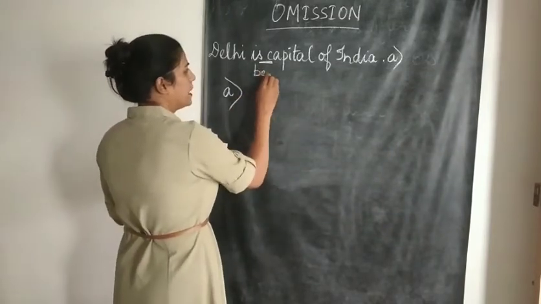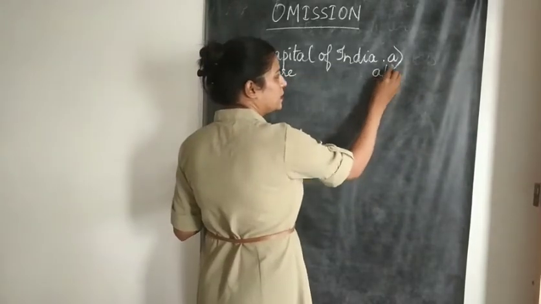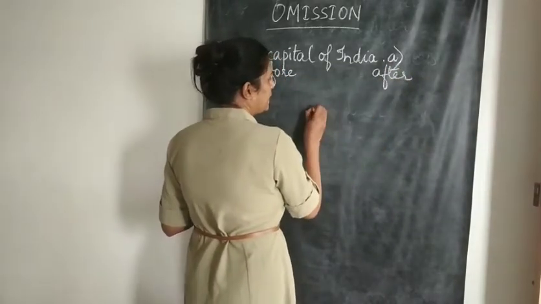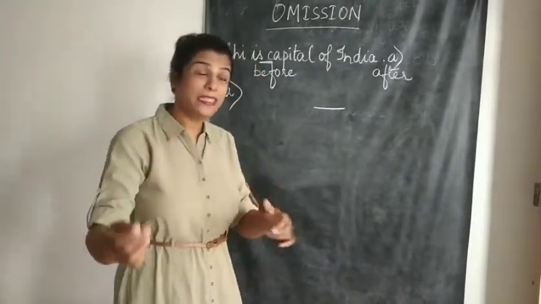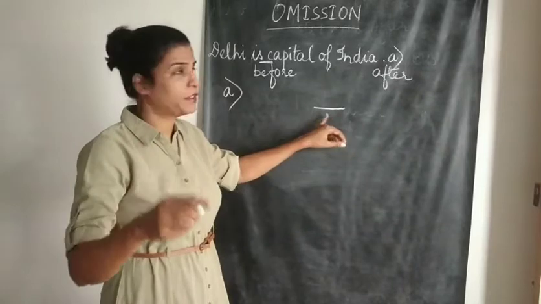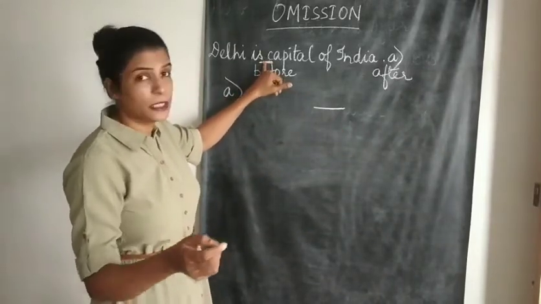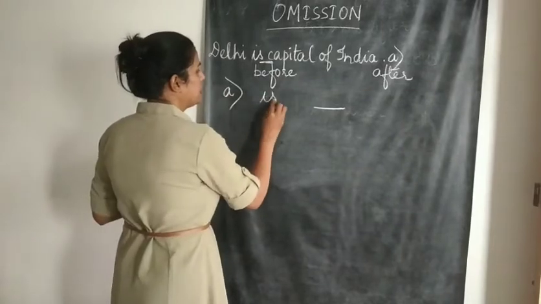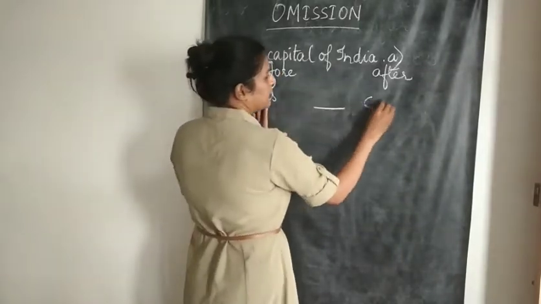You have to write the word which is before it, the word which is after it, and then the word which has been omitted right in the center. So where is the word missing? It's over here. Before the missing word is "is", after the missing word is "capital".